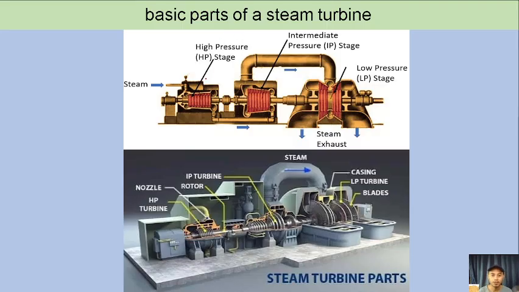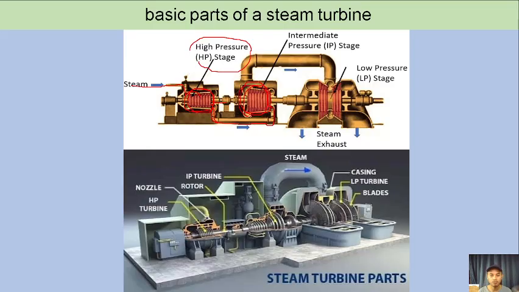Next, what are the basic parts of a steam turbine? So we have here a steam. So this steam will rotate our high pressure stage, and after that, the steam that is used on the high pressure stage is still usable steam, so it will go to the intermediate pressure stage.